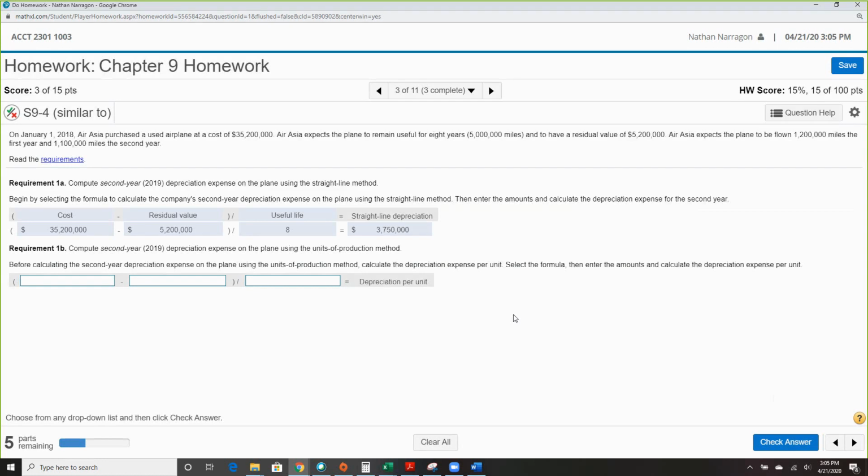Alright. Next, we want to do units of production. So again, formula, cost minus residual value divided by, you just change it into useful life in units.